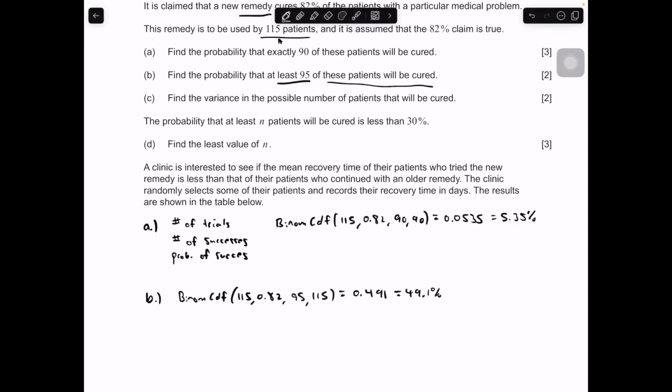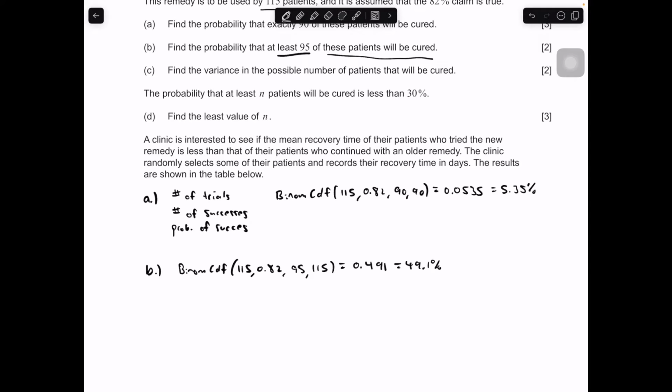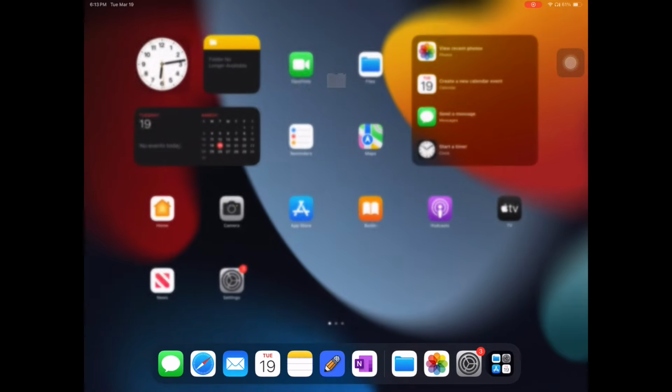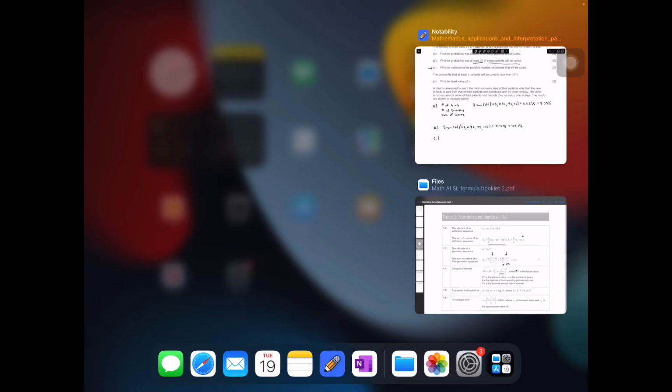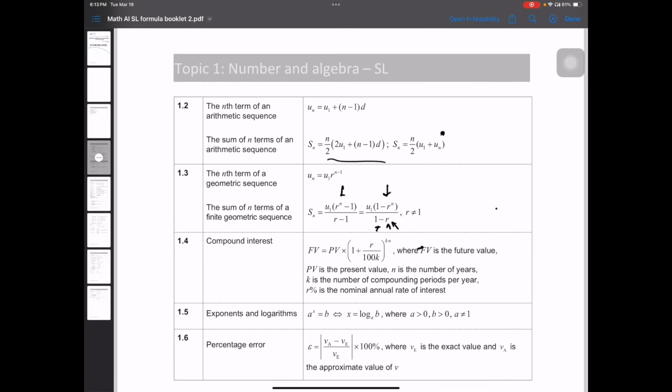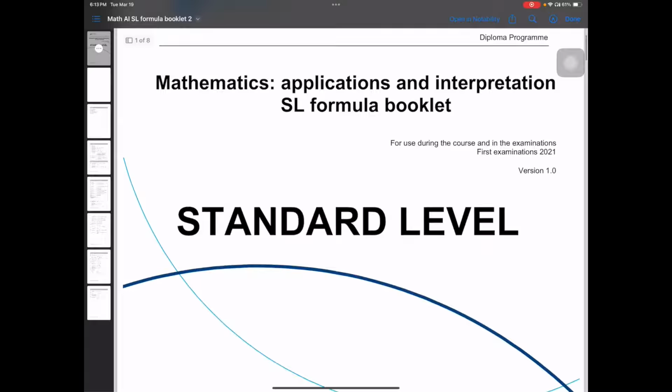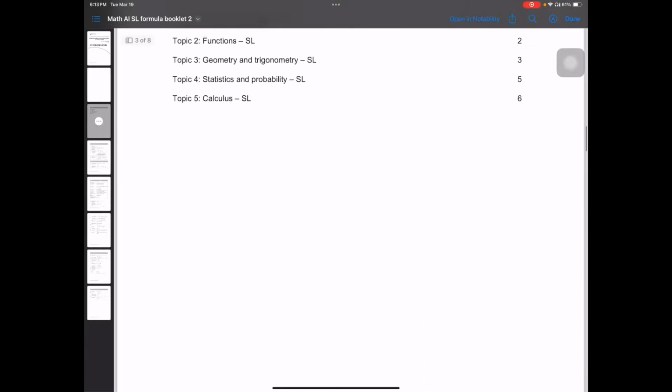Part C. Find the variance in the possible number of patients that will be cured. It sounds kind of intimidating, but this is actually not entirely an interesting question because it's just extracting from the formula booklet. The variance is given to us in our formula booklet for binomial distribution. Let's go check it out. This would be under probability, topic 4.